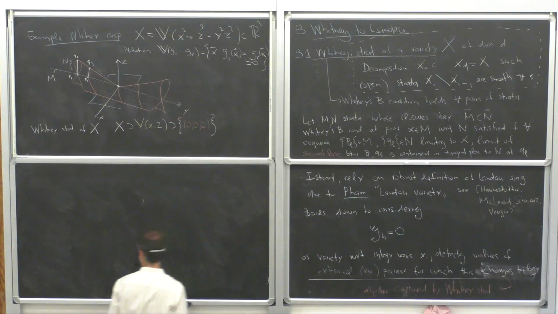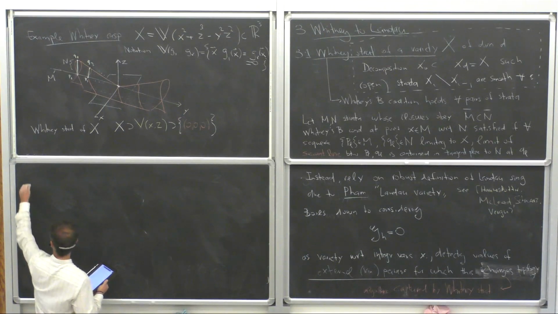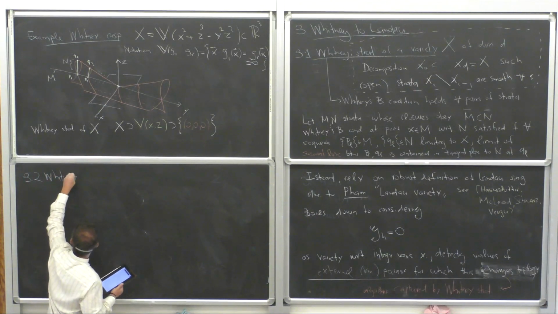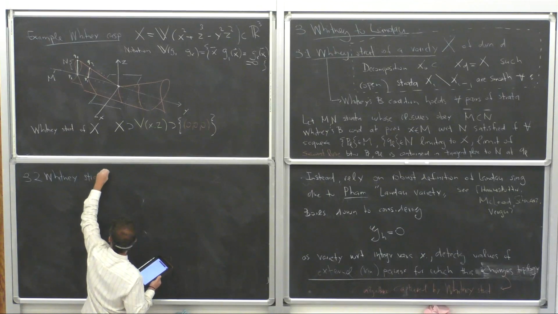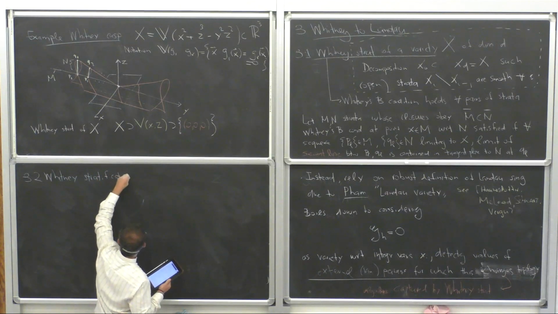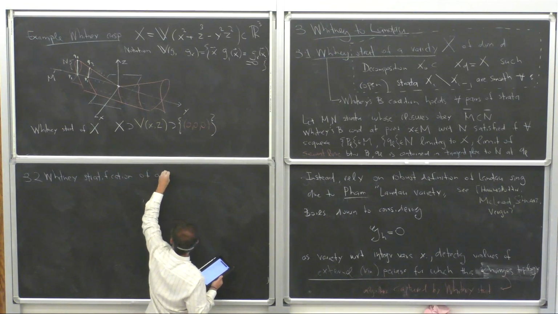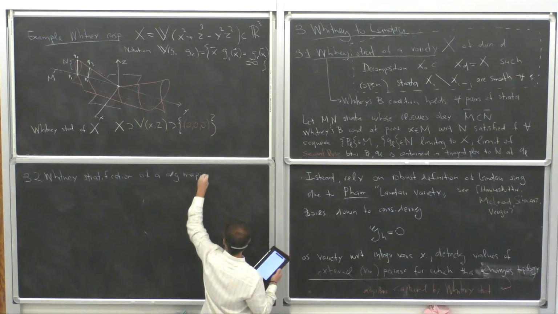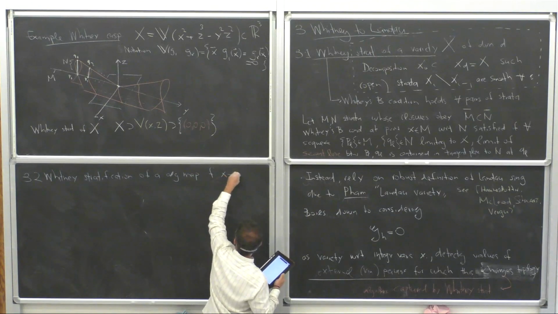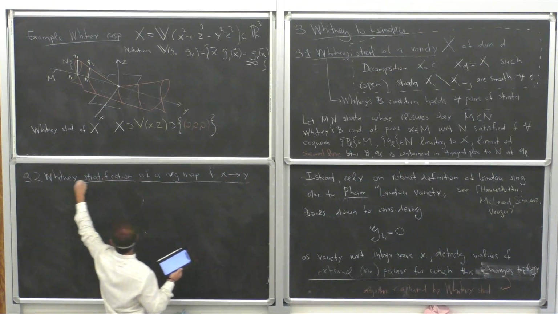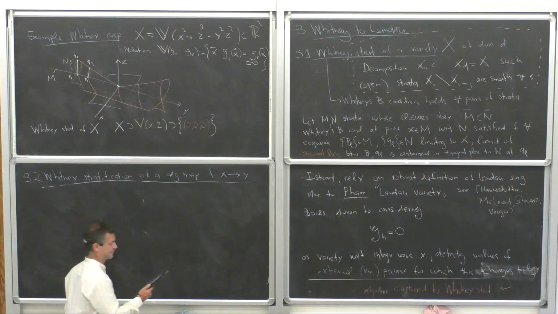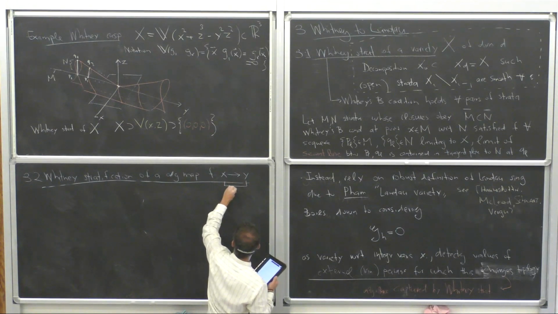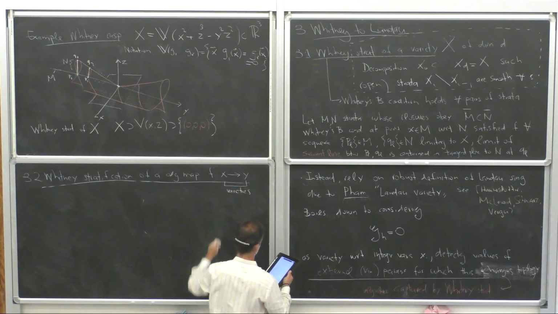So I talked about the variety, but in fact what we need is a Whitney stratification of a map, of an algebraic map F from X to Y. So this is yet another layer of structure. These are themselves varieties, as the ones we just dealt with.